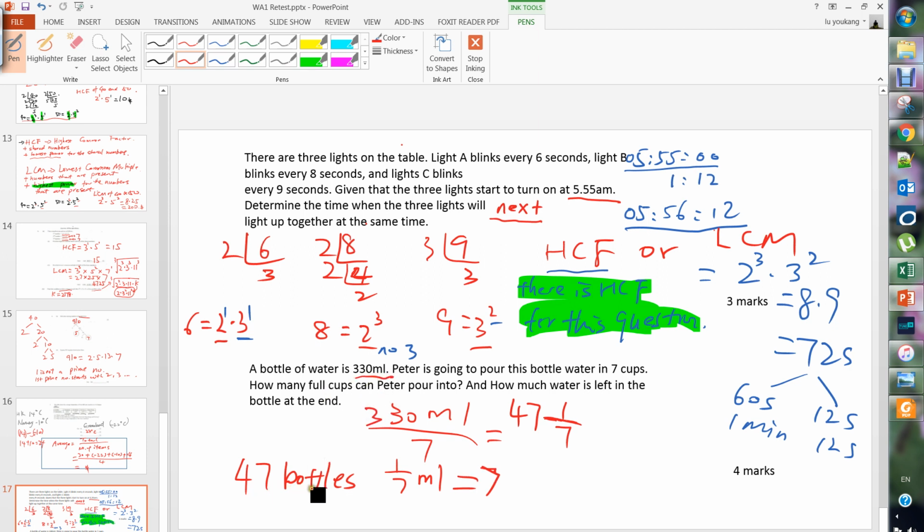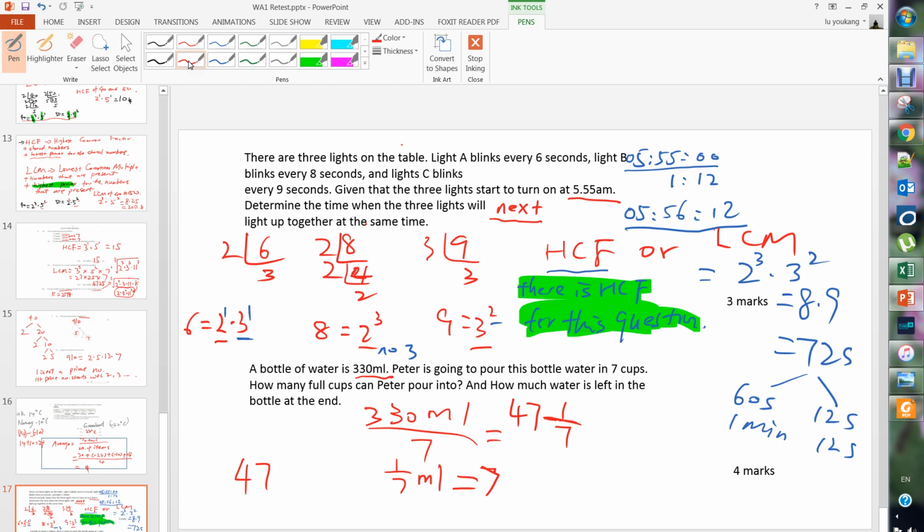So 47 bottles, okay, no. So the unit here is not bottles. Very good. Sometimes if I make mistakes, students will make mistakes, definitely.